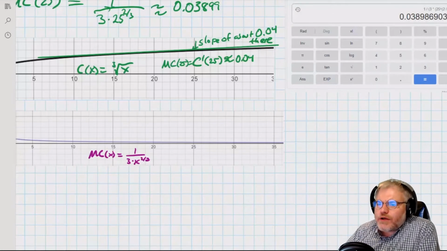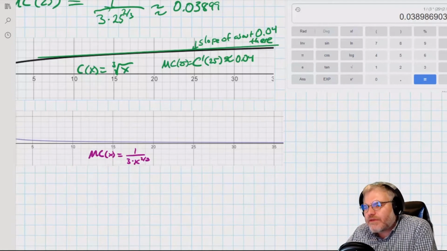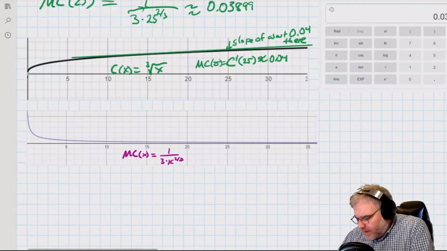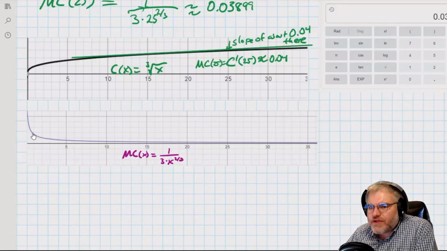So the marginal cost here is 1 over 3 times x to the 2/3. So as you can see, near 0, this thing shoots off to infinity. You can't see my thing there at all. Okay, so when I'm near 0 here, it shoots off to infinity.